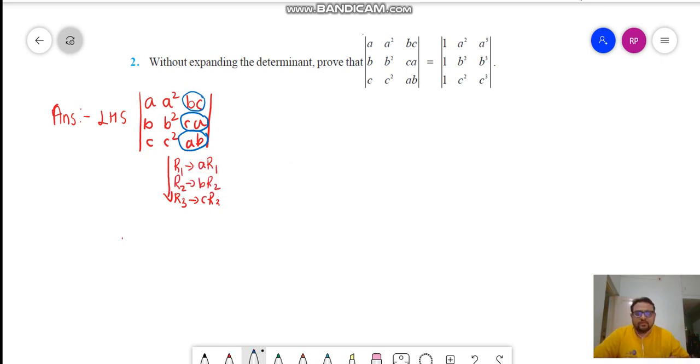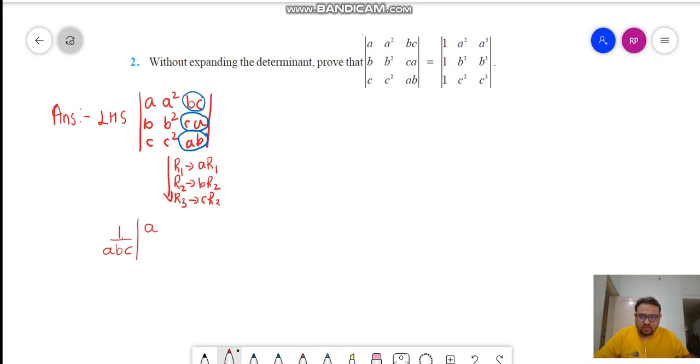Now as I had multiplied it with a, b, and c, I need to divide it. So what I am doing, I am taking common 1 upon abc.